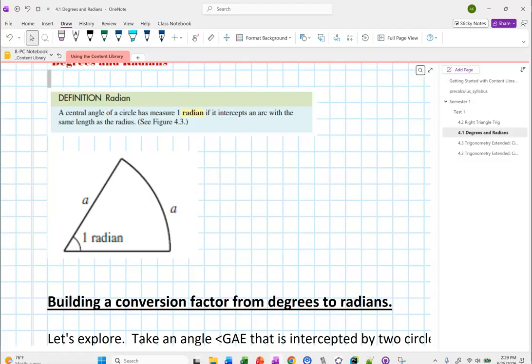If I measure something in feet and inches, I want a conversion that can translate feet to inches or inches back to feet. So we're going to define what a radian is, and we're going to develop the conversion factor to convert radians to degrees. Now I'm going to warn you, I'm going to construct that conversion factor from first principles, so I'm not just going to tell you what it is. I'm going to show you how we figured it out.